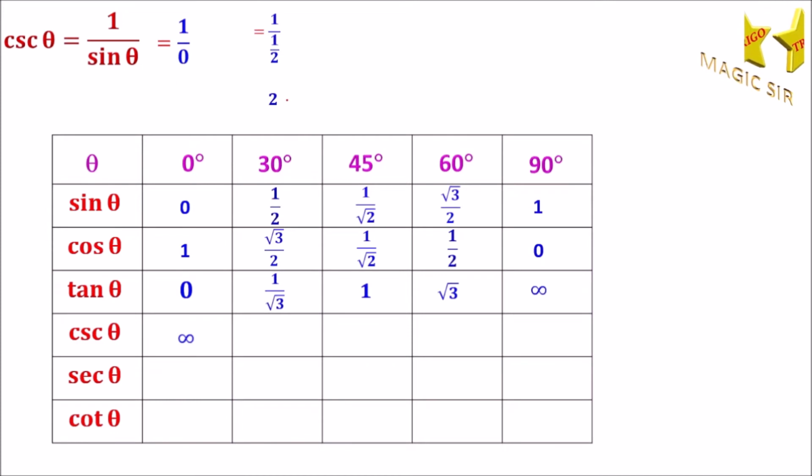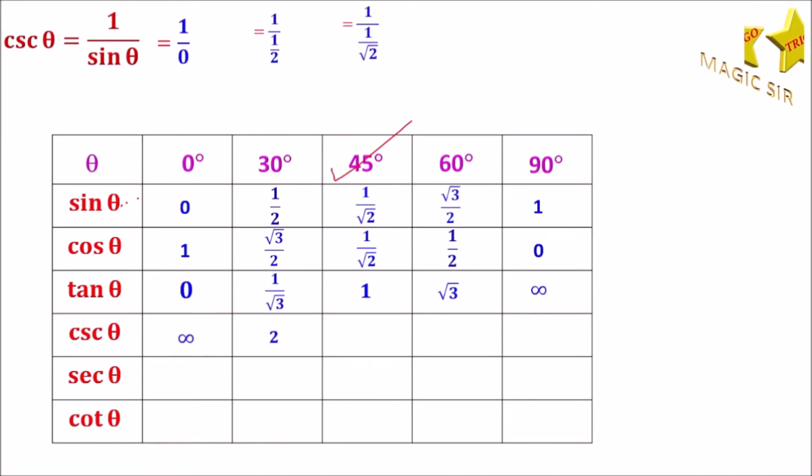So we have cosec 30 degrees is equal to 2. Note that 1 upon 2 is the reciprocal of 2 and 2 is the reciprocal of 1 upon 2.